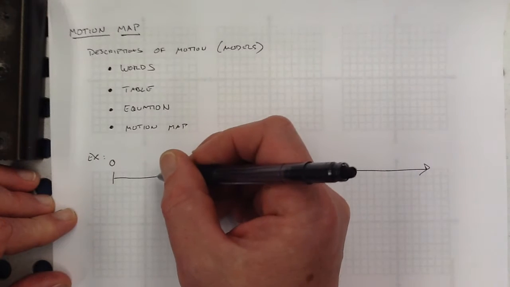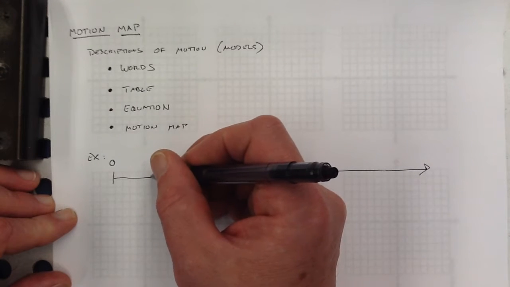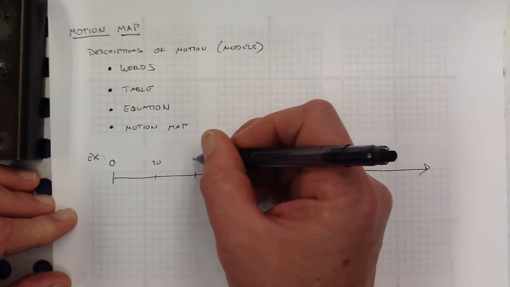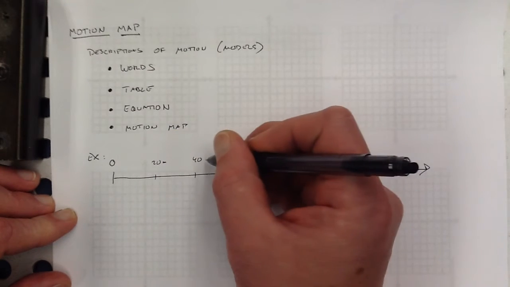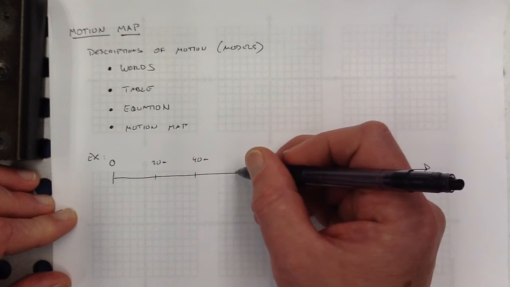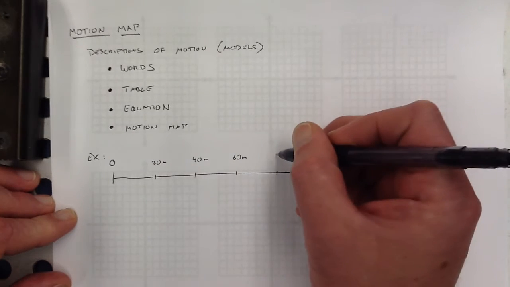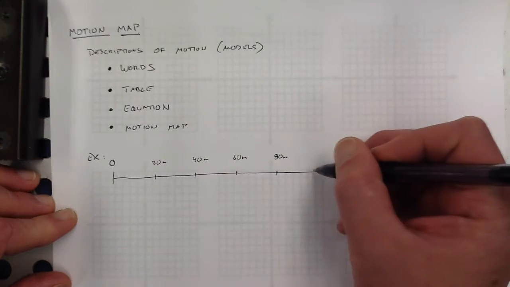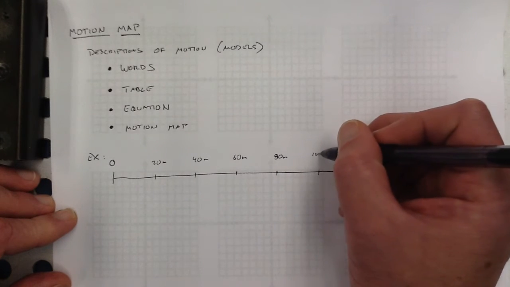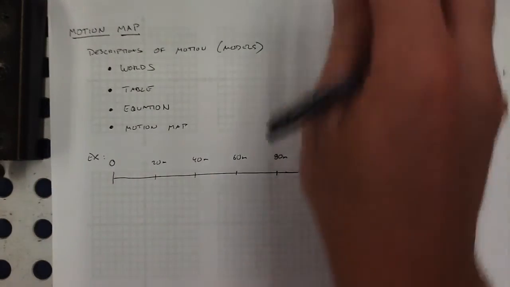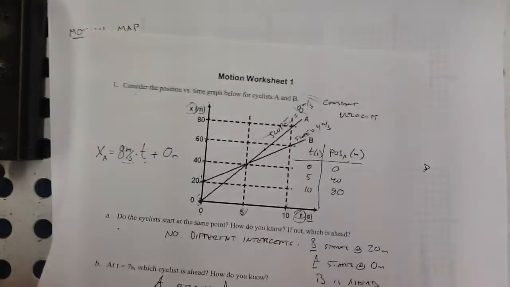Say I did 20, 40. This is 20 meters, 40 meters. You can scale this however you need to for the context of the problem that you're working on. So I'm going to do this by 20 meters. And then you can also scale time.